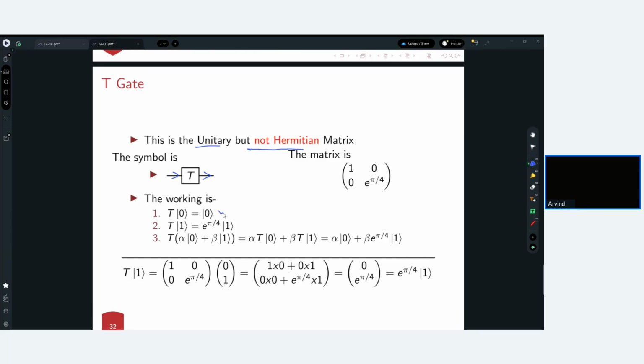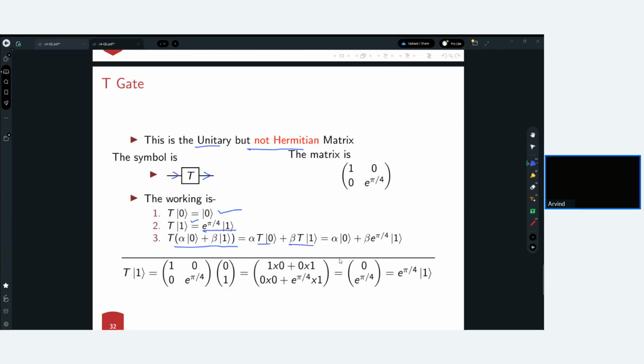If the input is ket 0 or the qubit 0, the output remains the same, ket 0. If the input is ket 1, it is shifted by e to the power of i pi by 4 times ket 1. And if the input is the superimposed state, apply the T gate over both terms, ket 0 and ket 1.